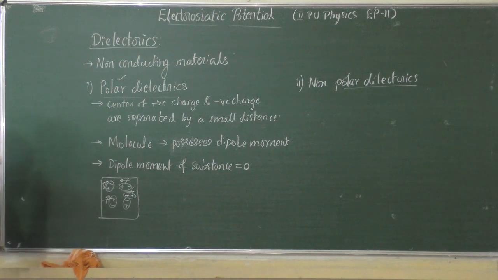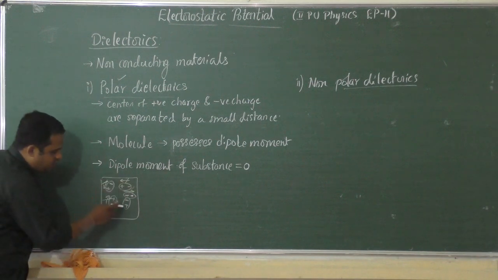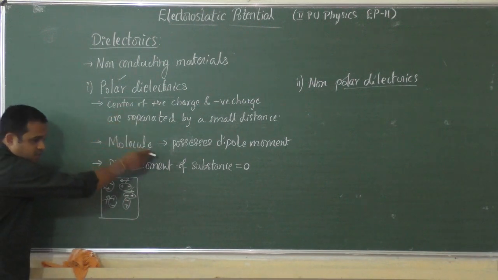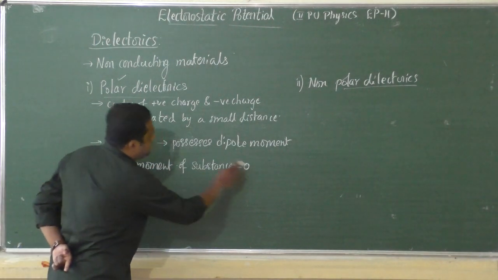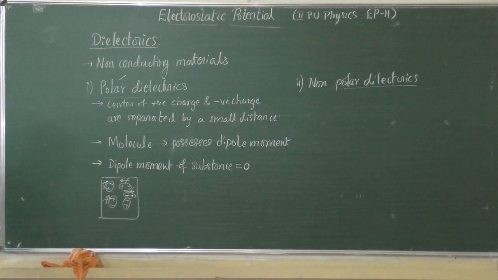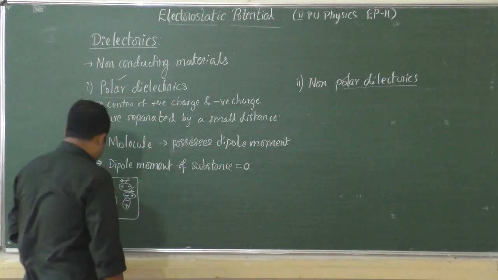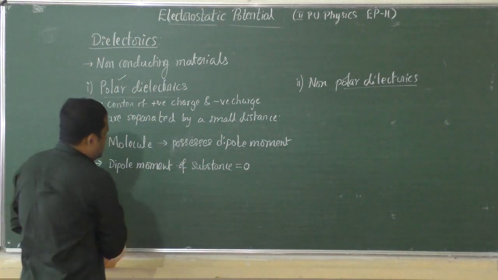So there will be n number of molecules having dipole moments, but due to random orientation of molecular dipoles, the net dipole moment of the substance is 0 in case of polar dielectrics. Okay, polar dielectrics.